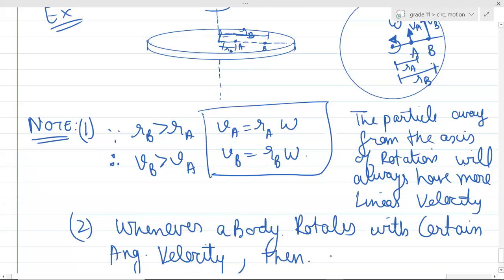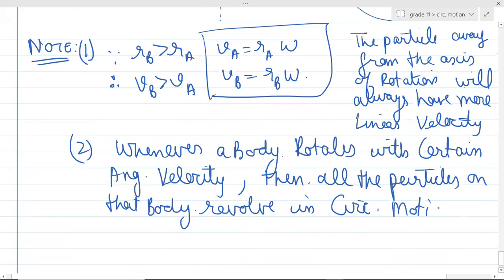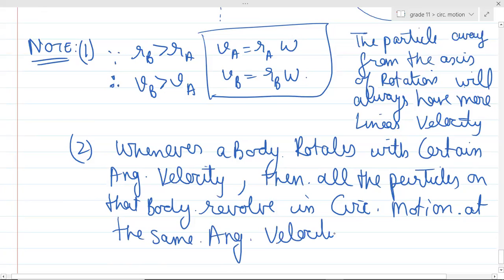Then all the particles on that body revolve in circular motion at the same angular velocity as the whole body.